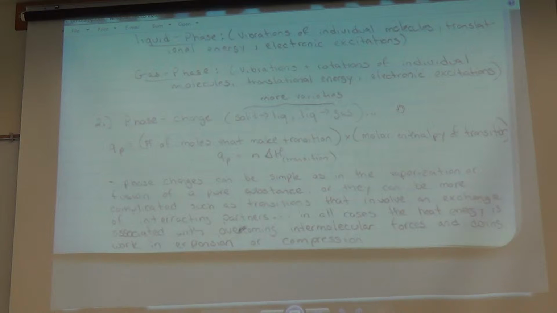So the take-home message for phase changes is that when we're putting energy into a system and driving a phase change, what we're really doing is altering the intermolecular interactions. So in the solid phase, you've got things that are bound very tightly, and well, let me get to the next slide before we have this conversation.